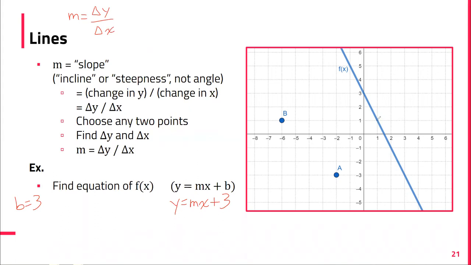If we take any two random points, let's say we have this point here, (1, 1), and a second point over here, (3, -3). We choose, it doesn't matter as long as they're actually on the line. And we just calculate the change in y and the change in x.